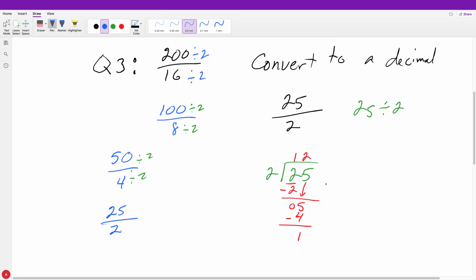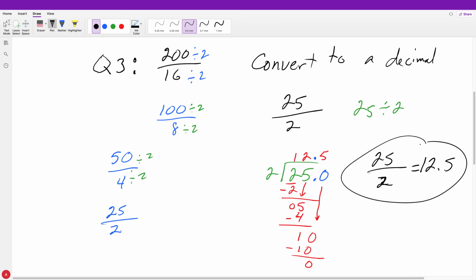Now I've run out of numbers, but remember, I can add an infinite amount of zeros. So I'm going to add the decimal place there and bring this down. Does 2 go into 10? Yes, it goes into it 5 times. 2 times 5 gives me 10, and now I have a remainder of 0. So I know that this 25/2 is equivalent to 12.5.